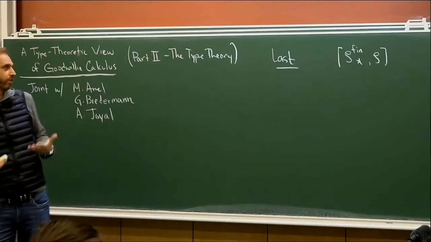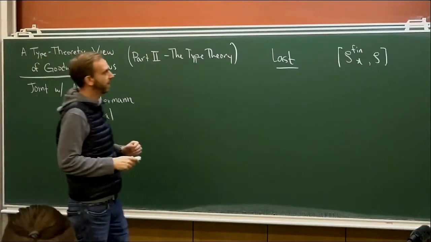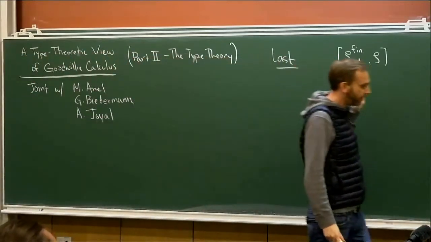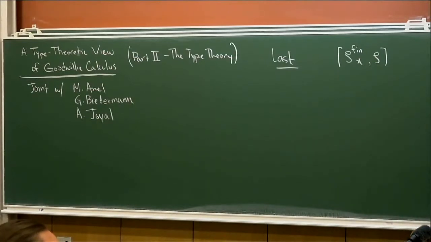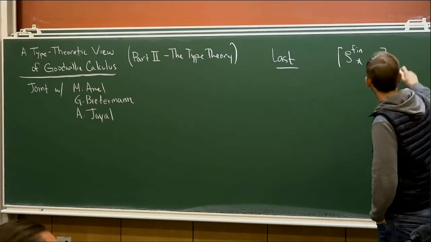And then I explained that there turns out to be a very natural way of forcing your functors to spit out invariants that are much easier to compute. And that's in some sense what Goodwillie calculus is about.